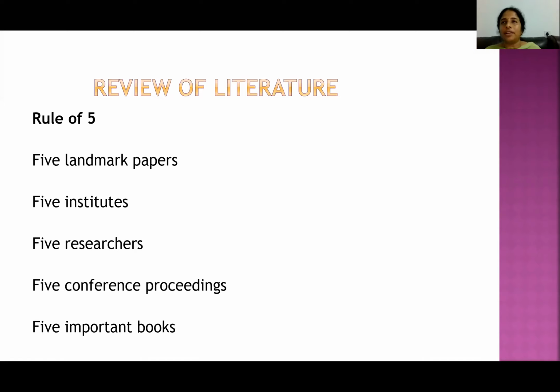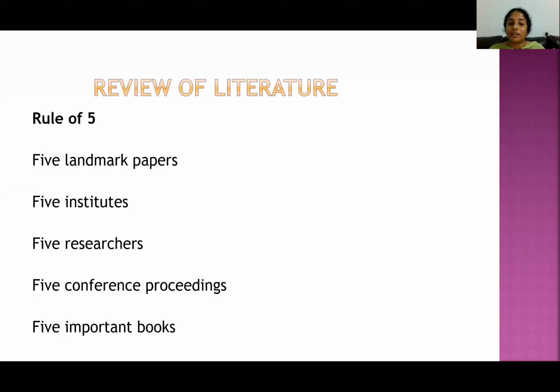Suppose I am trying to find the prevalence of thyroid disorders in Kerala. I should have an idea which are the 5 landmark papers on thyroid in the Kerala population which have come out in the last 5 years. I will ask, what are the most cited papers?